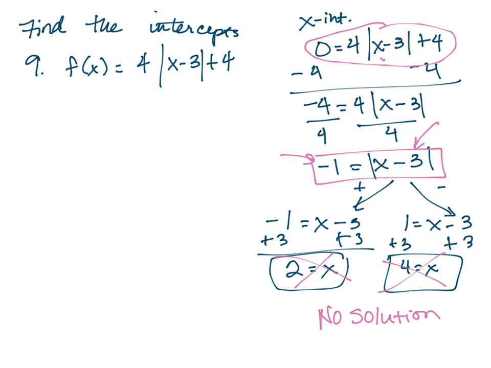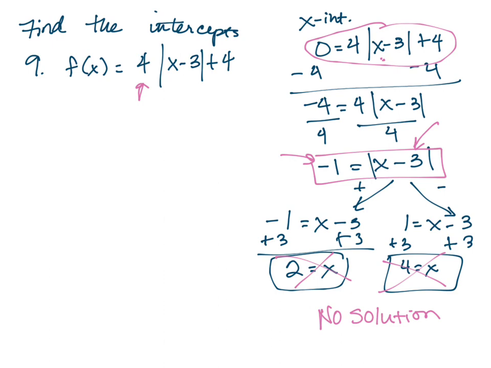The other check is to think about the graph. Look at this function. What does the 4 say? Which way is it opening? Is it reflected? The front 4: no, it's stretched. It's skinnier. And the last 4 says it's moved up. This function is above the x-axis anyway, so it's not going to have an x-intercept.